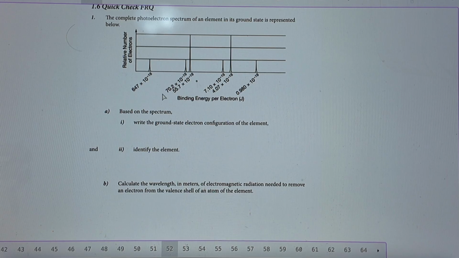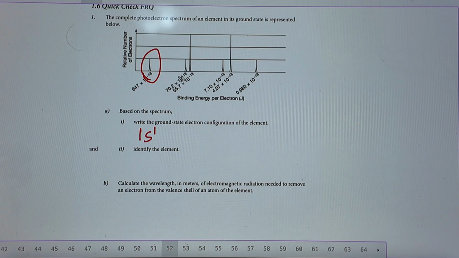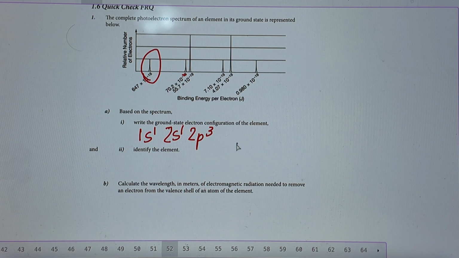In its ground state, we see the first one is 1s1. So I'm writing 1s1. And the next one here is 2s1. And then there's 3, so 2p3. Now we're writing it based on the chart. We're not writing it with its electron configuration and its orbitals full.